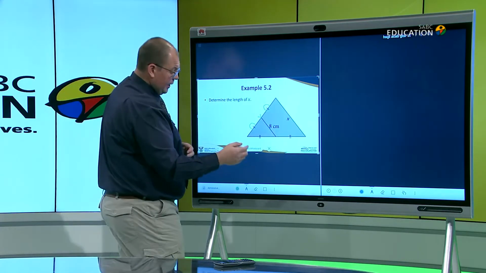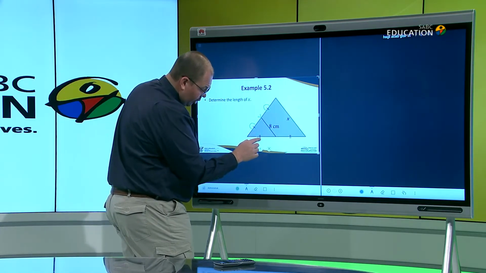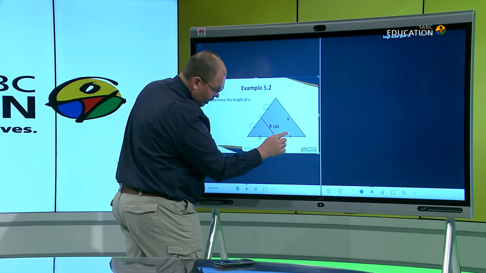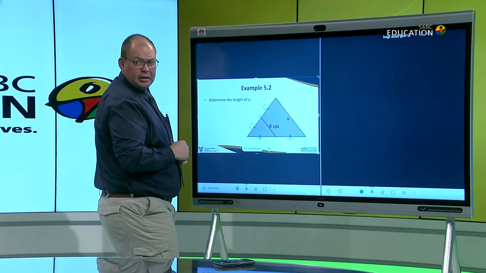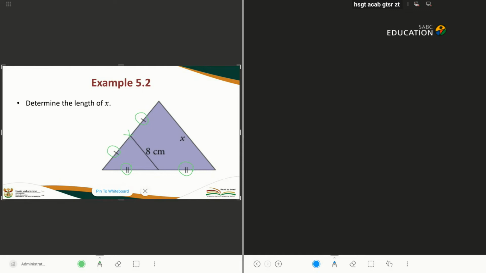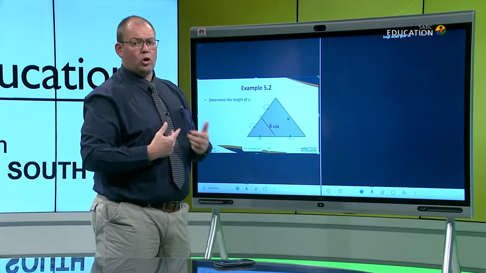If you go to the second side again, you will see the marking on this section and the marking on that section is the same. So meaning that that again will be the midpoint. Meaning now you've got a line passing through the midpoints of two of the sides of the triangle. So now what will your conclusion be?